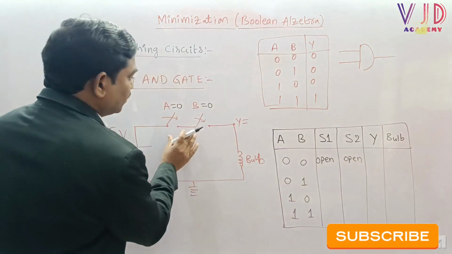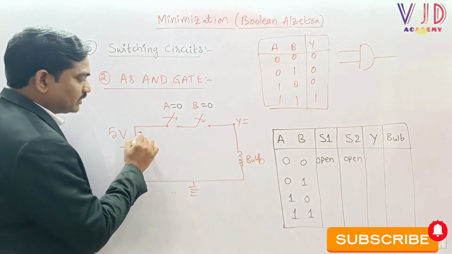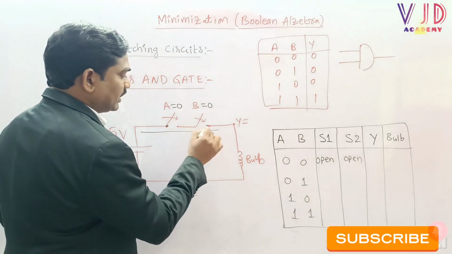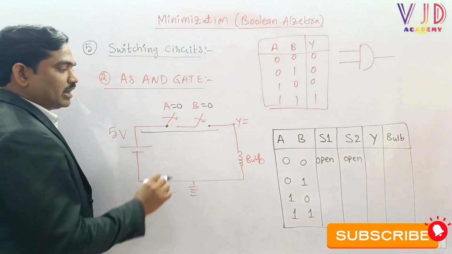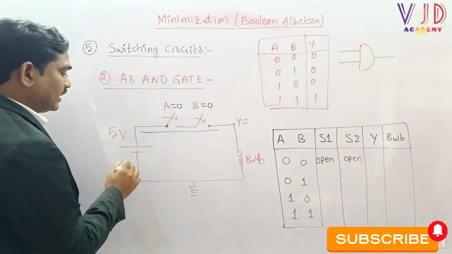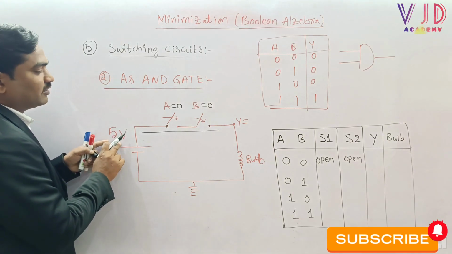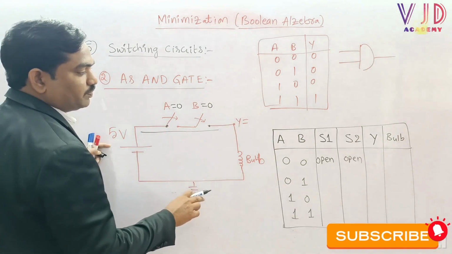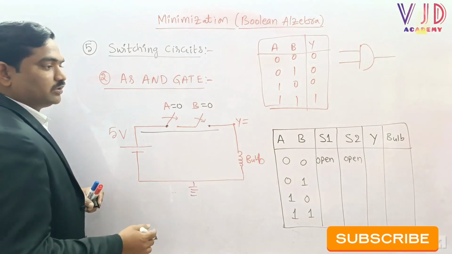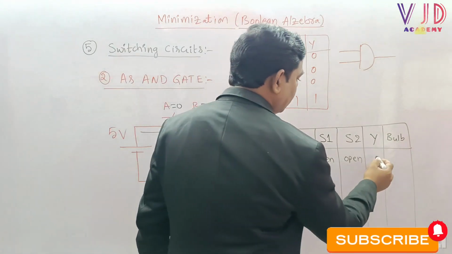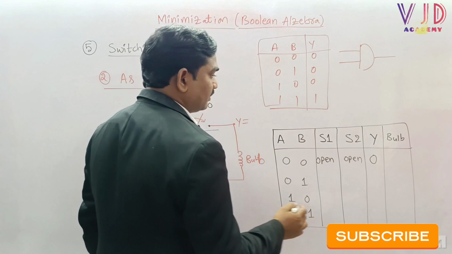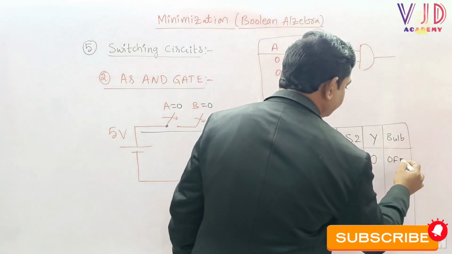The moment both switches are open, there is no connection between the input node and the output node, and there is no possibility that this 5 volts power supply will go to the output, or the bulb. So the output Y will be 0, and the bulb will be in the off state.